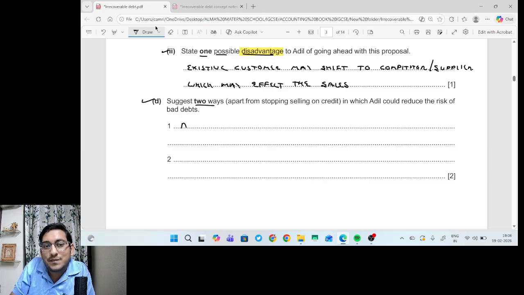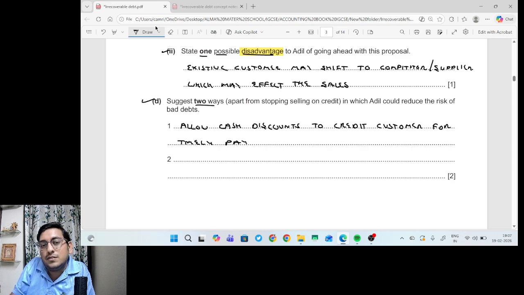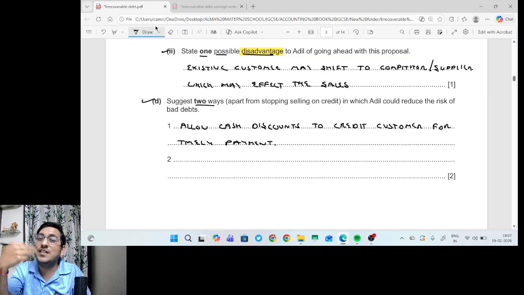So allow cash discounts to credit customers for timely payment. So they get motivation of cash discount. They may pay you on due time, and that will reduce the risk of irrecoverable debt.